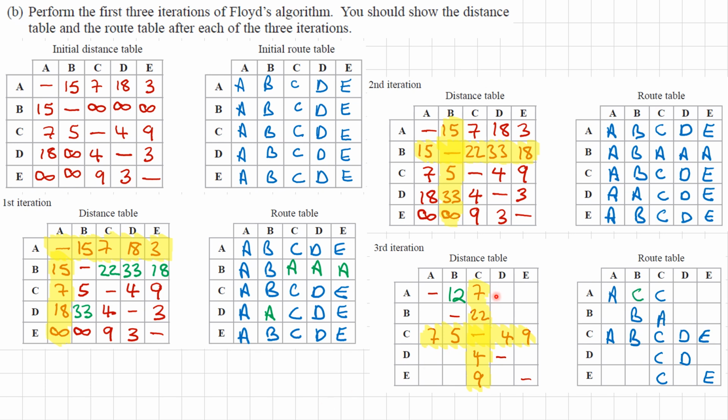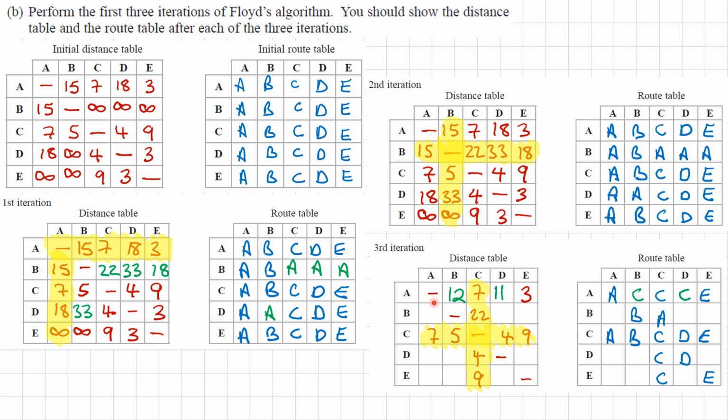We'll move on to here, 7 plus 4 is 11, that's less than 18, so we've got a change here for this value and a change to this letter. And then we're going to have 7 plus 9, which is 16, that's greater than 3, so no change here to this value and no change to the letter, so that's going to remain as an E.